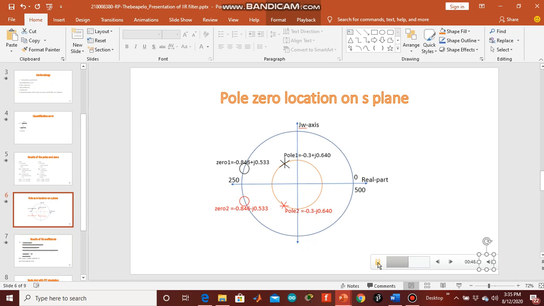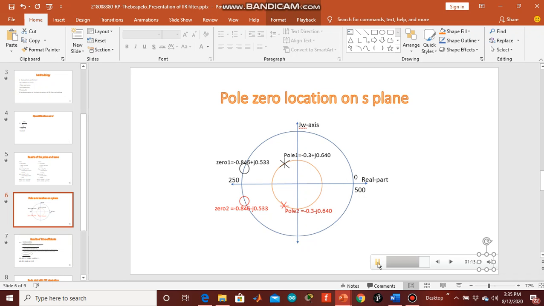That means we've moved across the real part to the left by 0.3, and we've moved across the j omega axis downwards by 0.640, where the j is negative. On the outer circle, there are zeros. There's zero 1, which is negative 0.846 plus j 0.533.